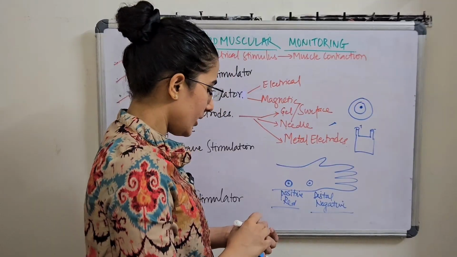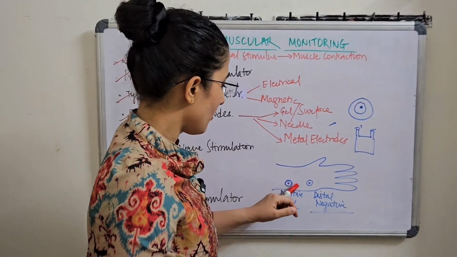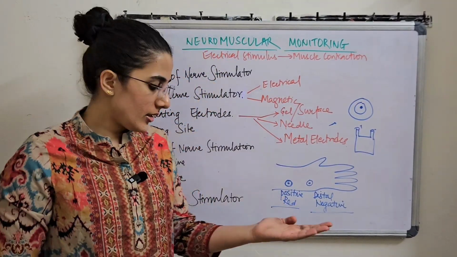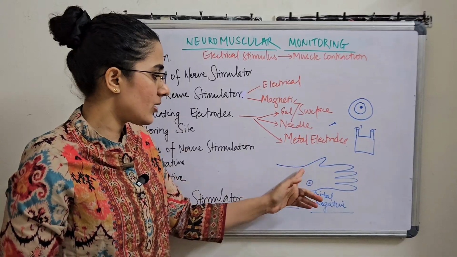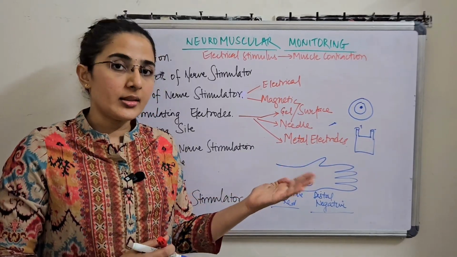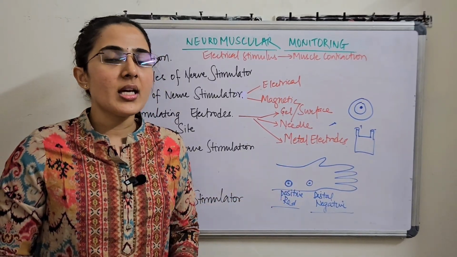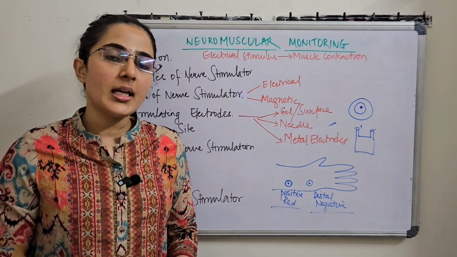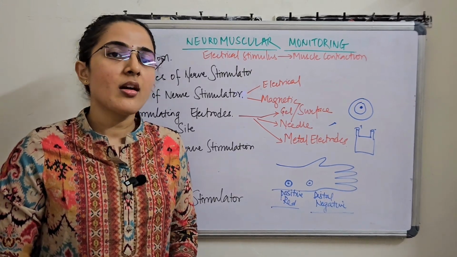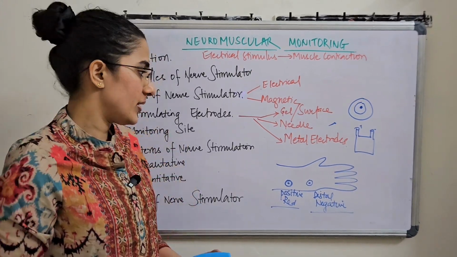The sites of monitoring in the hand: most commonly it will be the ulnar nerve, and the responsive muscle to this is adductor pollicis. In the leg we have the posterior tibial nerve, and the responding muscle is flexor hallucis brevis.